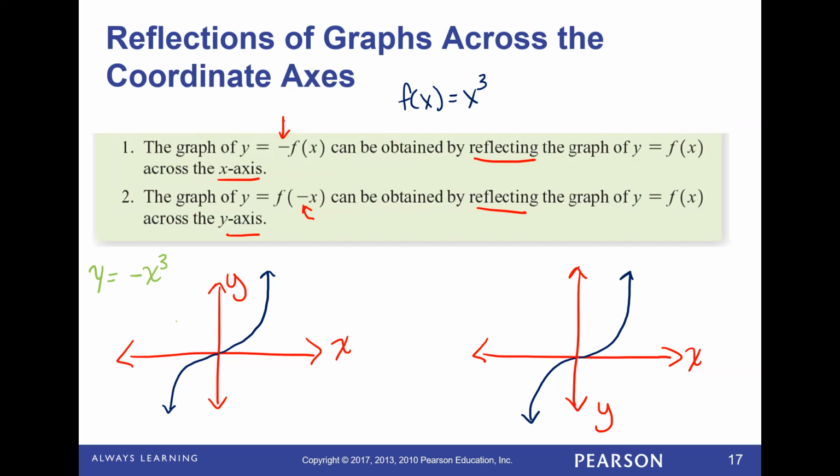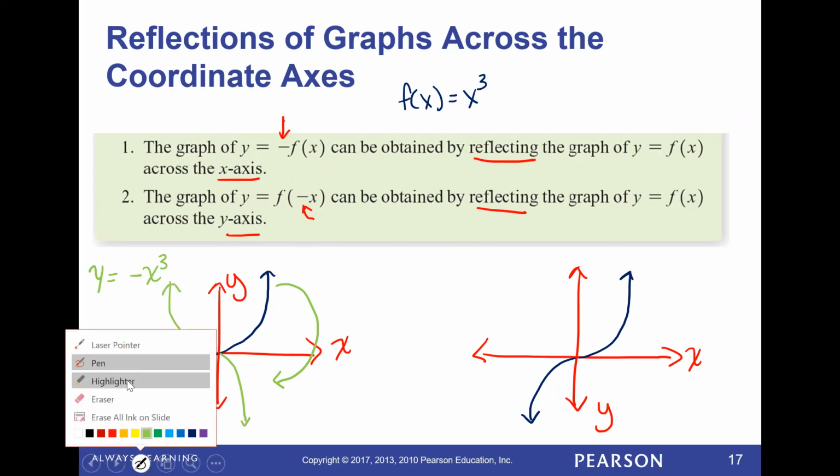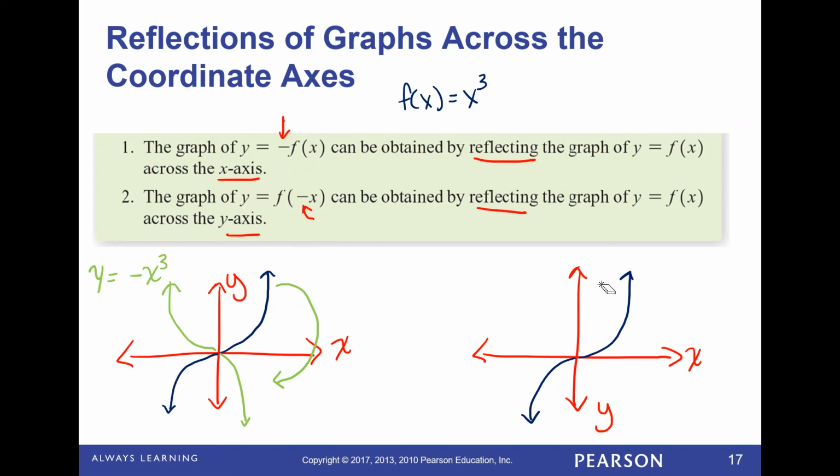What that does is it takes that graph and flips it across the x-axis. So this part of the graph now goes down here, and this part of the graph goes up here. So the graph ends up looking like this. And we can take a look at it, and I can see that a little bit better now.